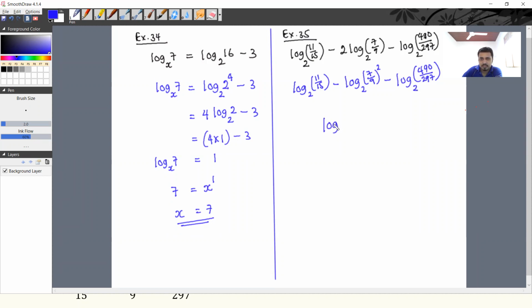Using the laws of logarithm, this can be rewritten as how?